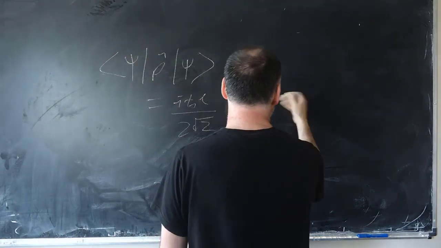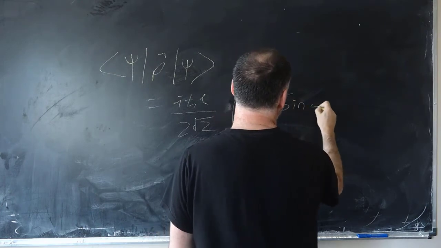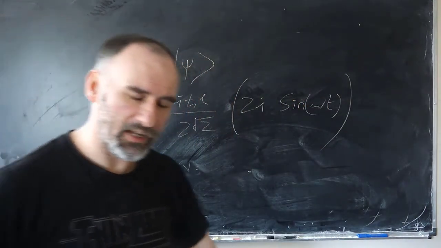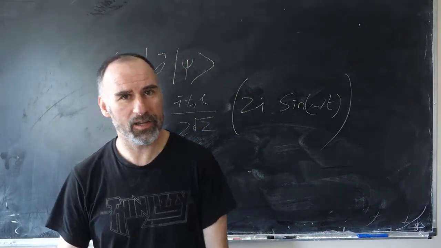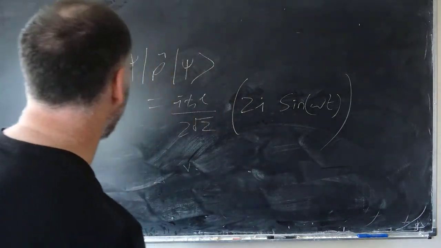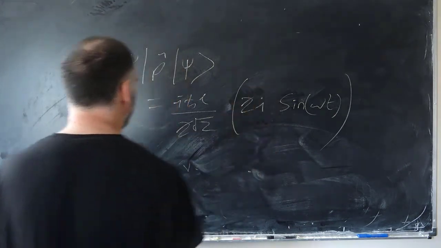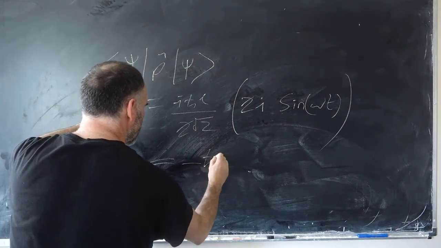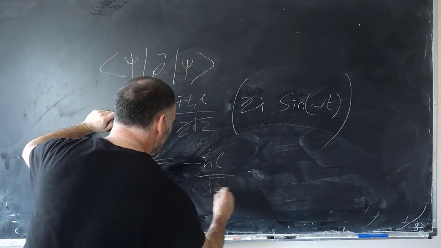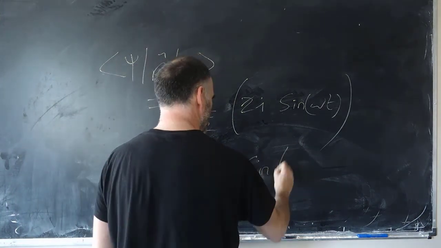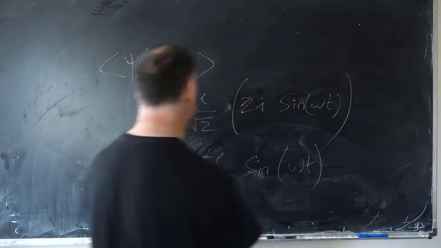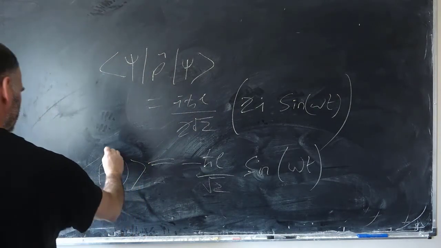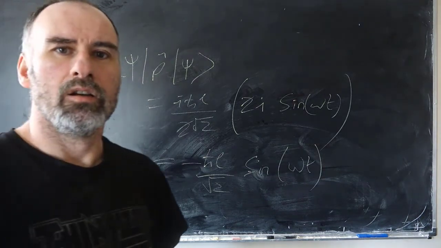What we had was 2i, and what we have is 2i sine omega t. Make sure you can see that e to the i omega t minus e to the minus i omega t is going to give us that. Get rid of that, get rid of that. i by i gives us a negative 1, so we have minus h bar over L root 2 sine omega t. Done.